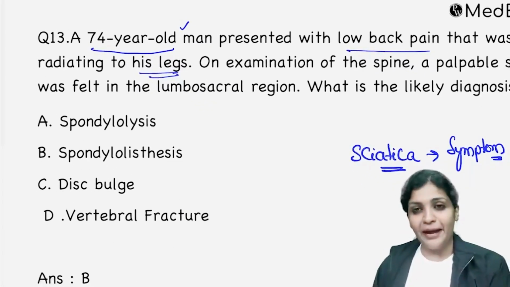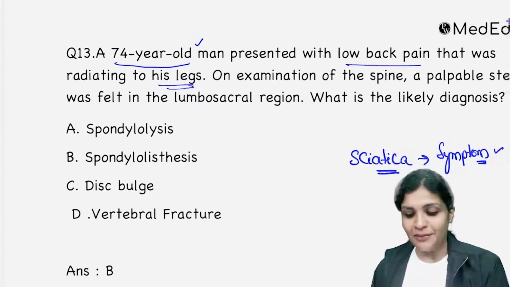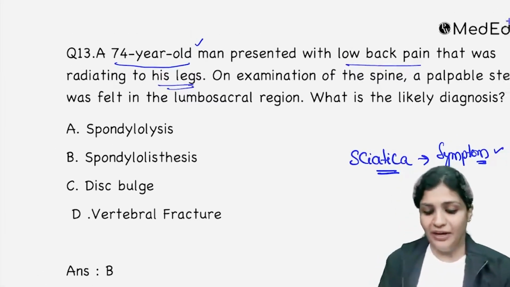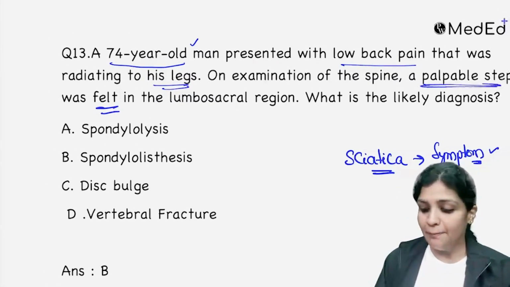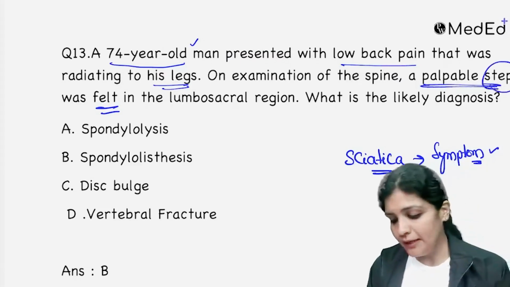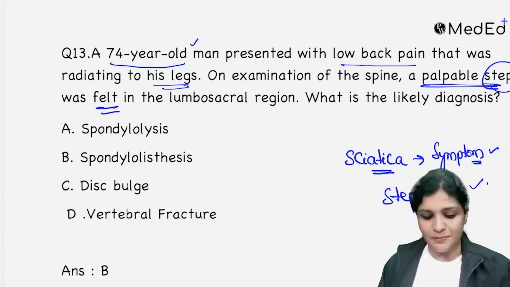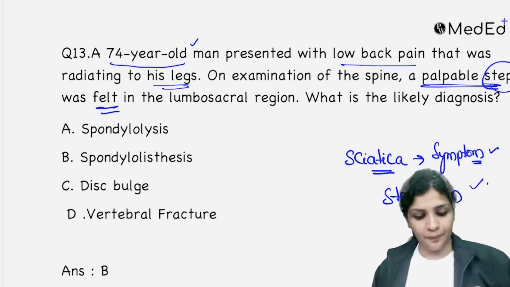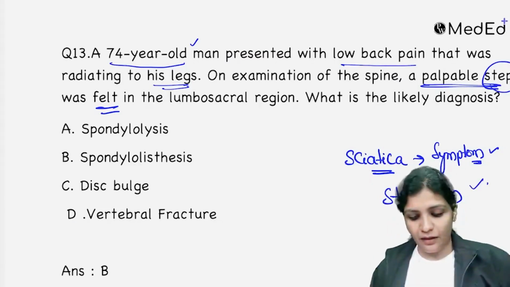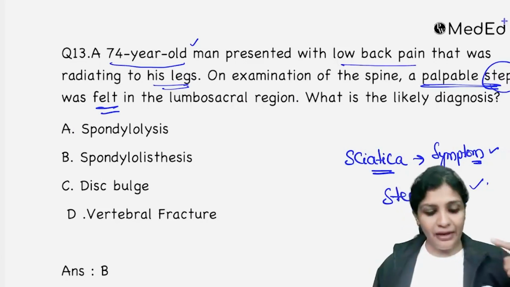So now getting back to our question, on examination of the spine, a palpable step was felt. Whenever you see this palpable step, this is called the step sign. This step sign is mostly seen in spondylolisthesis. What is spondylolysis?